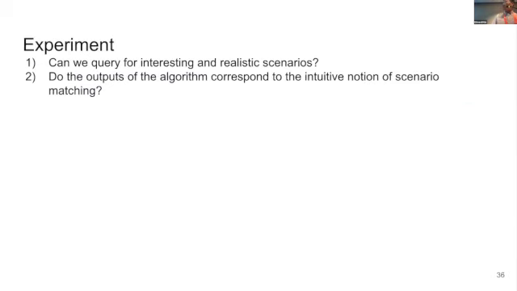So we conducted an experiment with human participants to address the following hypotheses. One is, yes, we can query for interesting and realistic scenarios. And the second is that the output of the algorithm matches the intuitive notion of scenario matching of humans.